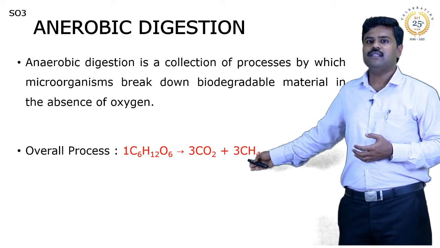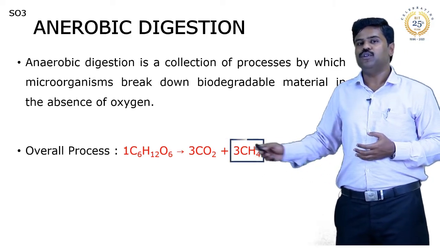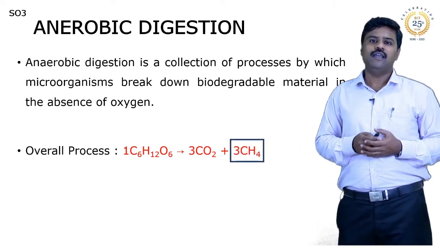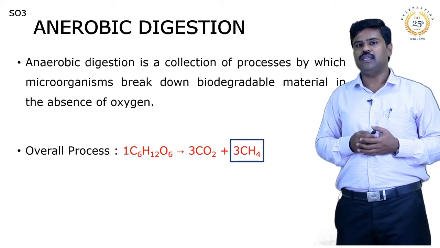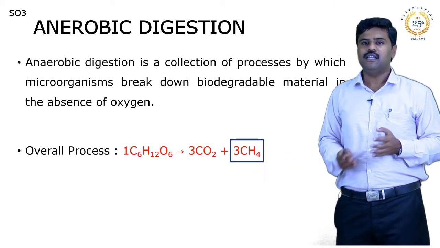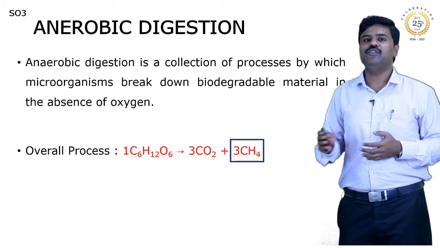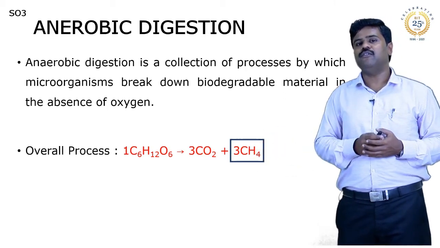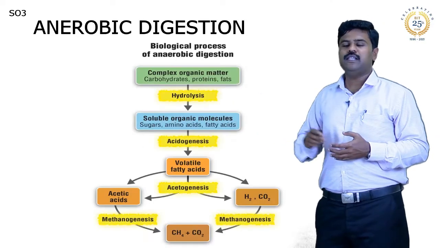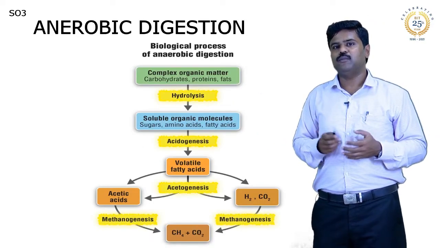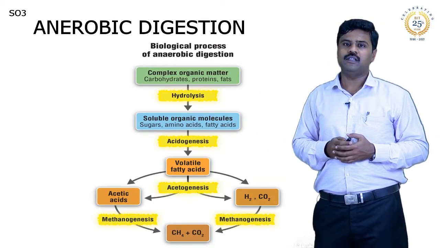In this, the methane is our target product. If you put 180 grams of glucose, you can get 48 grams of methane. This is the theoretical yield. Whenever you are working with biogas research, you need to check whether you are getting a similar kind of yield. Now we are going to see the metabolic pathway or the biological process involved in the anaerobic digestion.